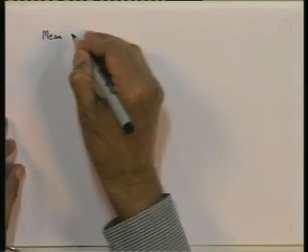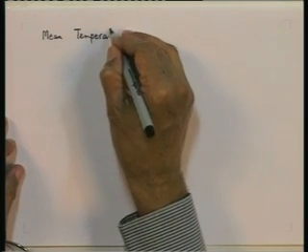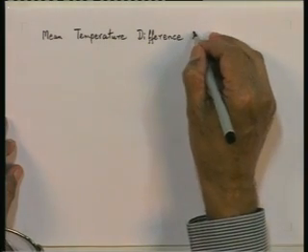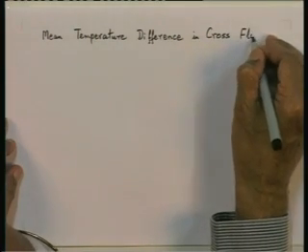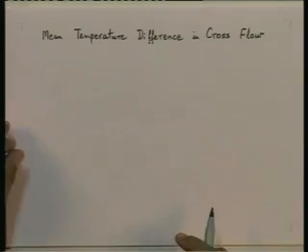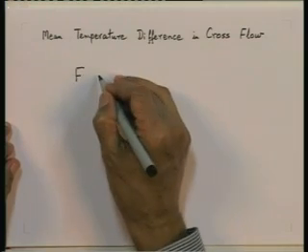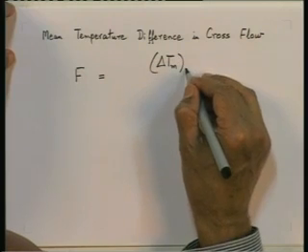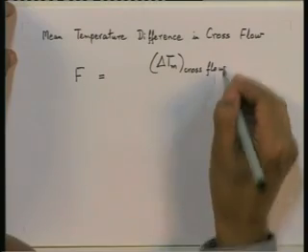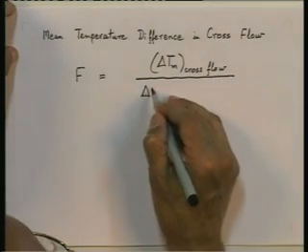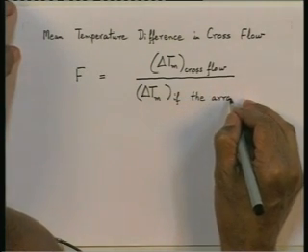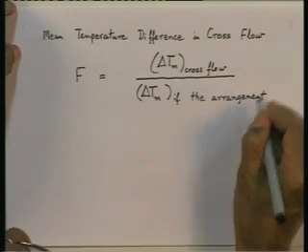So, let us take off from that again. We were getting results for the mean temperature difference in cross flow, and towards the end we said we are going to express the results in the form of correction factor f, where f is equal to the delta Tm we are looking for, the delta Tm in cross flow, divided by the delta Tm if the arrangement was counter flow.